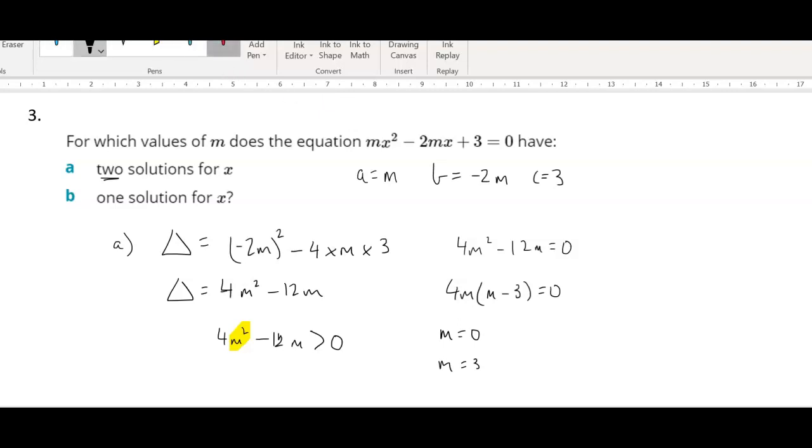Now, if I just quickly graph this, so m equals 0 and m equals 3. And this isn't the graph of the equation up here. All right, separate. This is just looking at the discriminant. So we're looking at values of m and the discriminant. So I've got 0 and 3. So think of this as a quadratic.